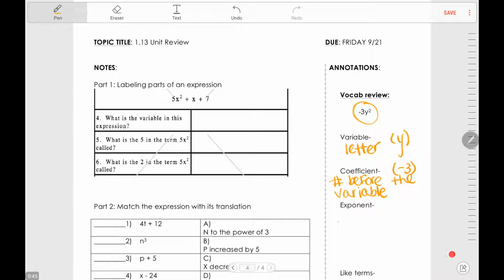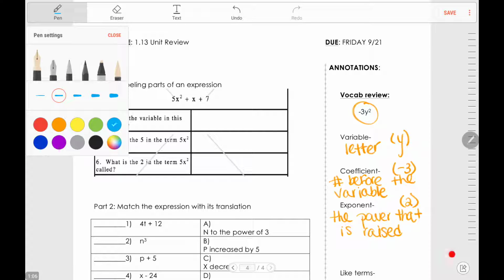And lastly, our exponent is the power that is raised. In this example, that is a 2.